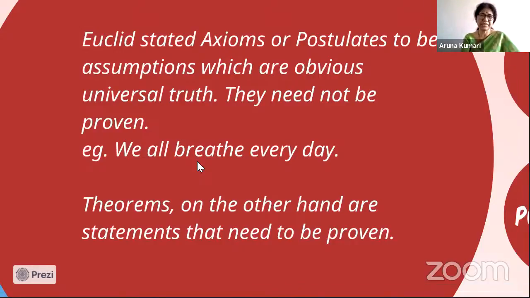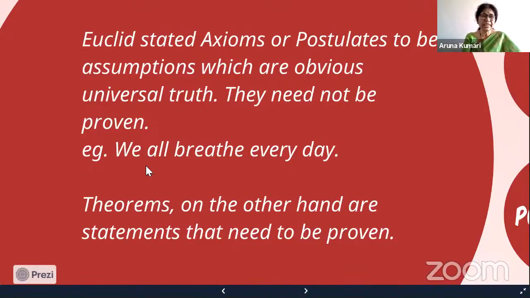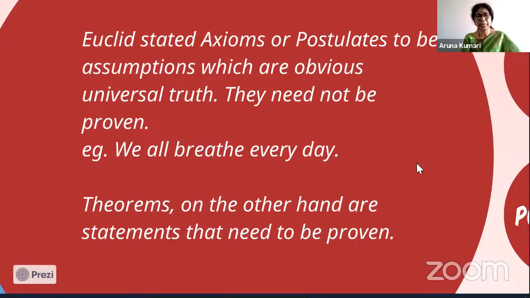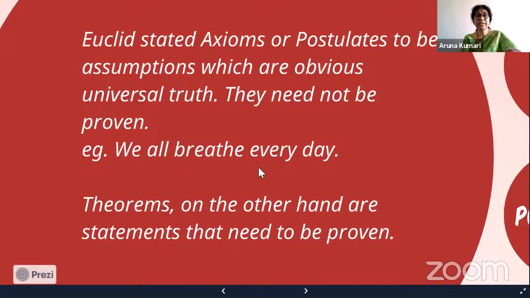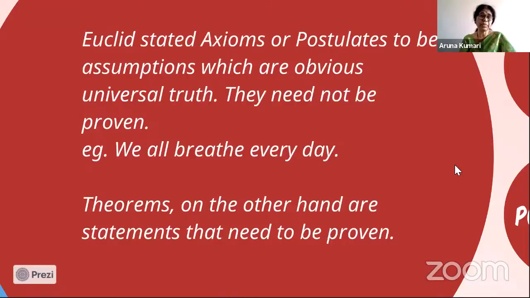Everybody knows it, both the literate and the illiterate. In society, some people stop studies up to 10th class, some up to 5th class, some don't go to school at all. They are called illiterates, but they also know that we all breathe every day.